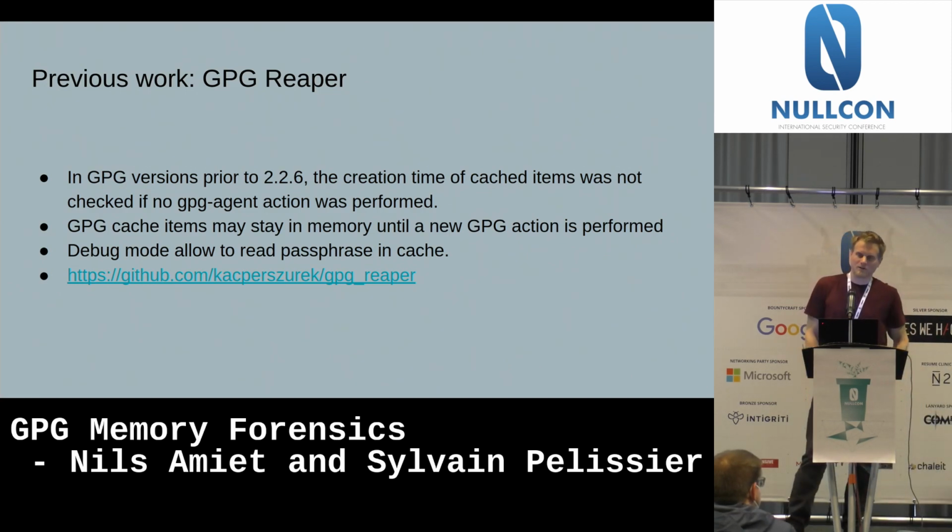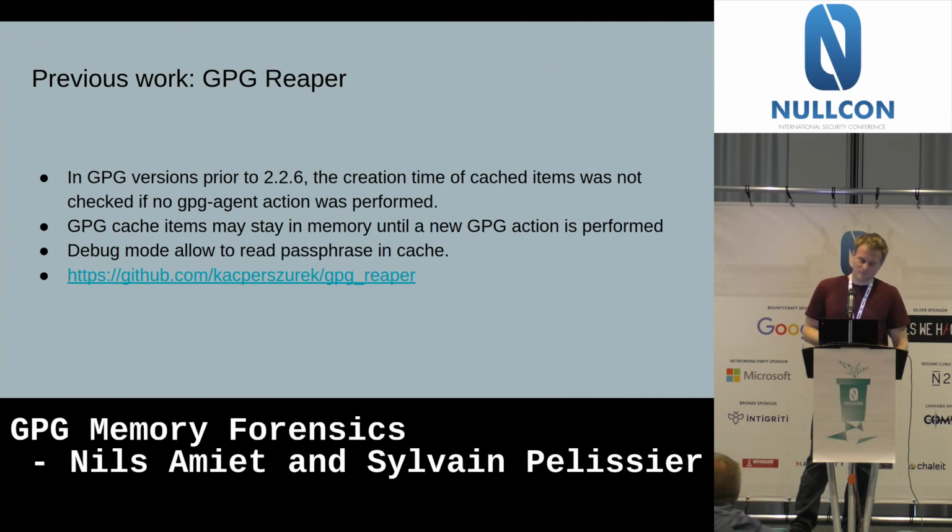Yep. So the first security work done on GPG-agent was called GPG Reaper. Researchers found out that when a passphrase is in cache, it will stay until an action of GPG-agent is performed. Meaning that if nothing is done, it will stay in memory basically forever until a new action is done.